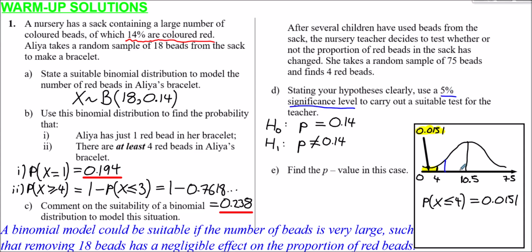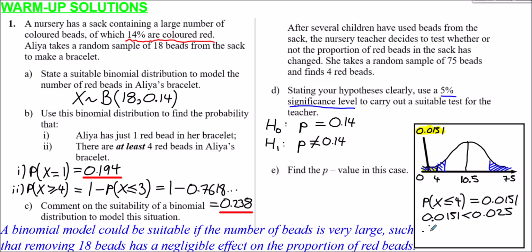2.5% would be a bit more than 1.5%, so would therefore be covering more of this tail. So 2.5% in the higher tail would be something like this. 2.5% in the lower tail would be like this. So we can see that the observed value of 4 is within the critical region. So we can conclude here by saying, because 0.0151 is less than 0.025, the value is significant.